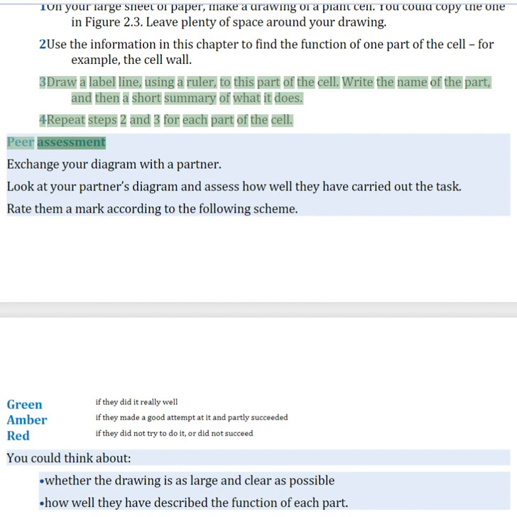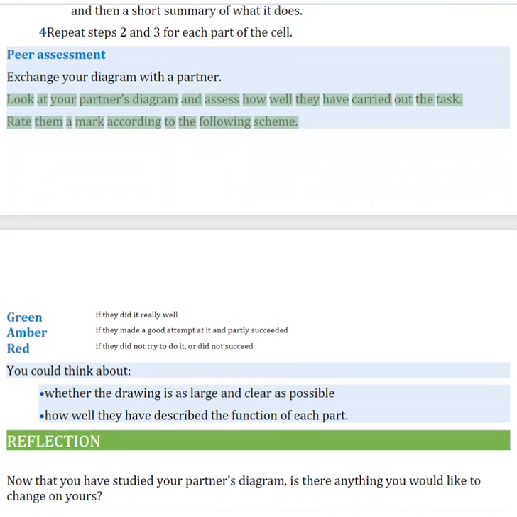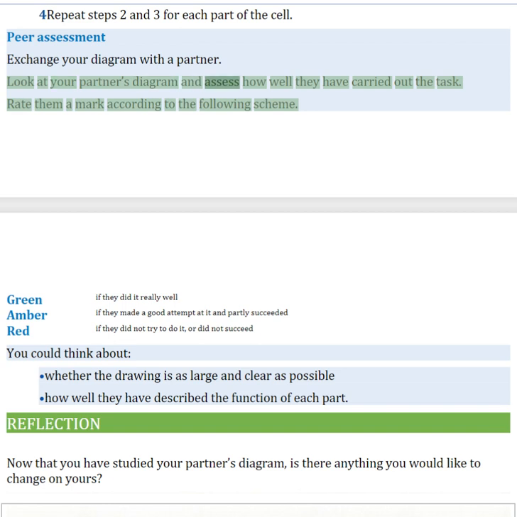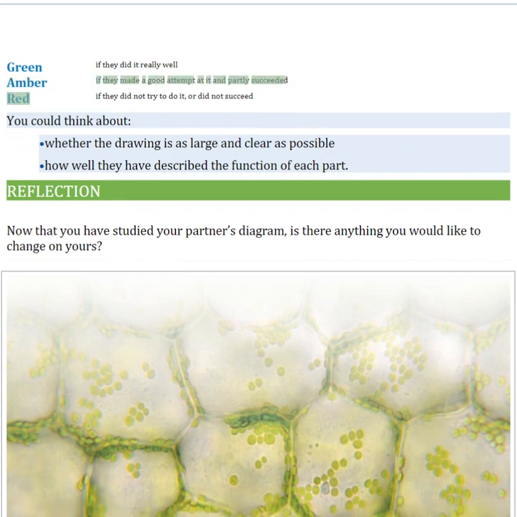Peer assessment. Exchange your diagram with a partner. Look at your partner's diagram and assess how well they have carried out the task. Rate them a mark according to the following scheme. Green, if they did it really well. Amber, if they made a good attempt at it and partly succeeded.